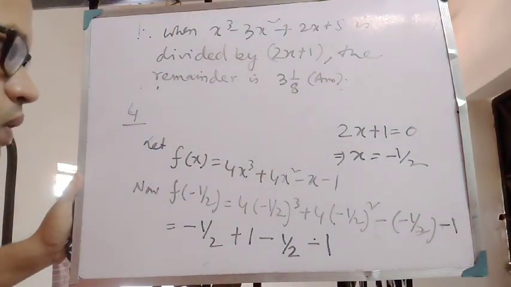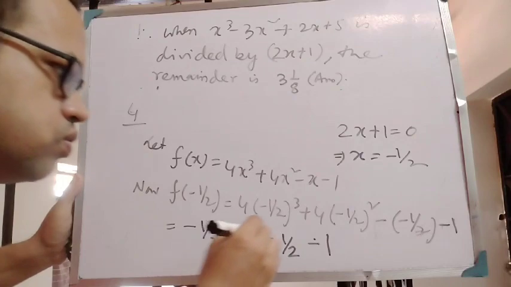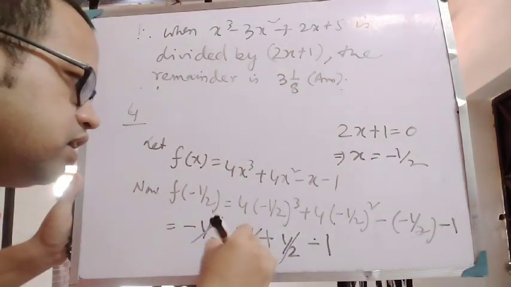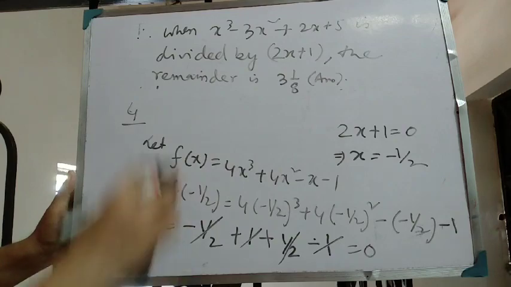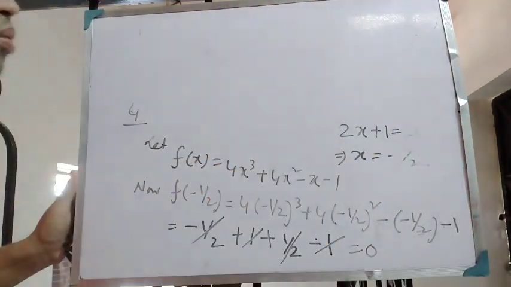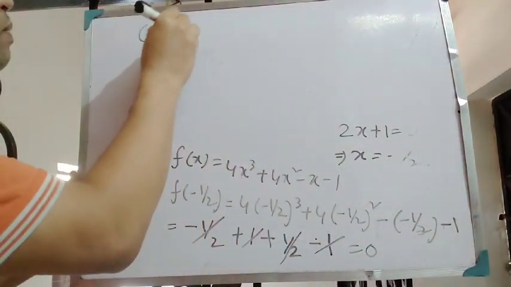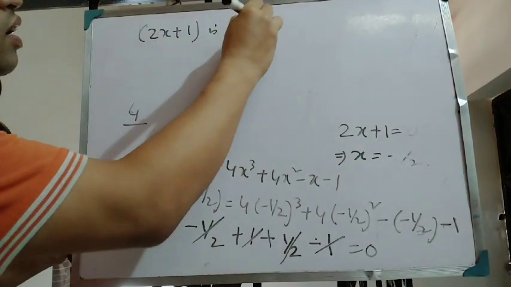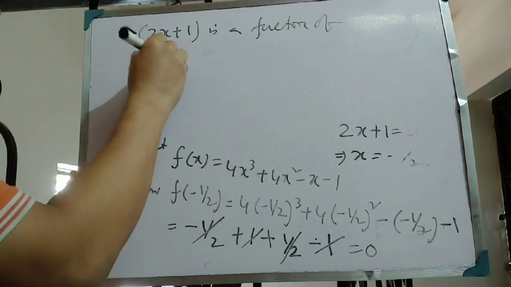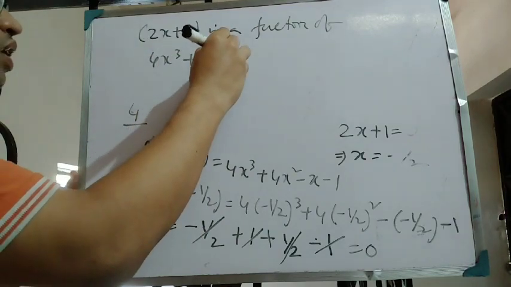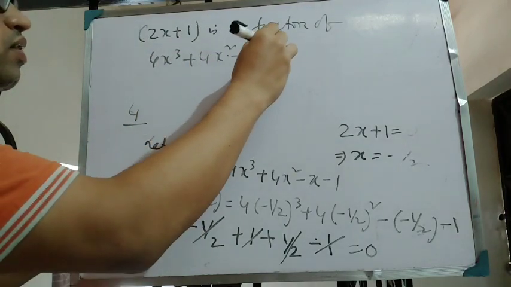So the value will be exactly 0. So then we can comment that 2x plus 1 is a factor of 4x cube plus 4x square minus x minus 1.